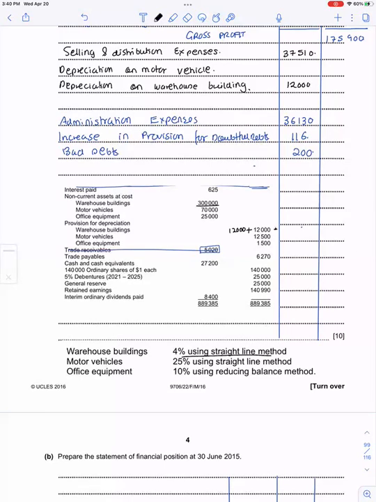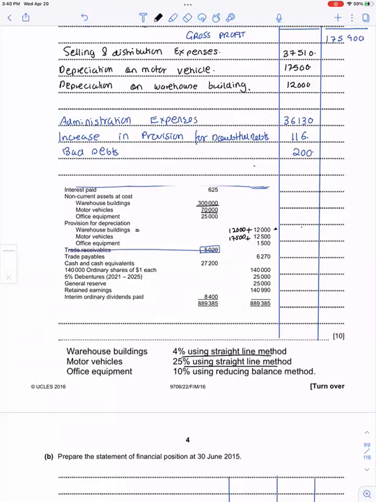Motor vehicle is 25% straight line method. So on cost, on 70,000, this will become how much? 17,500. You will add this 17,500 over here.